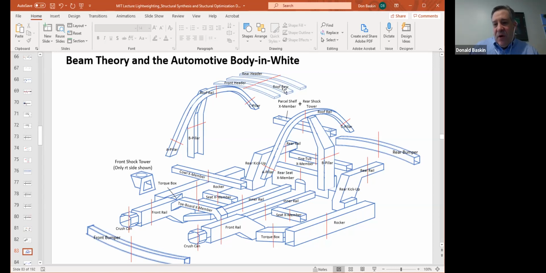The roof bow, this piece right here, is oftentimes made of very high strength material, because of the difference in a side impact. In a side impact, you're really trying to stop intrusion. You can't have any deformation because you're trying to keep another car out of the passenger compartment. Whereas with the front and rear bumper beams and crash structures, you want to deform a lot of material and absorb a lot of energy so that impulse loading doesn't go to the occupants and injure them.